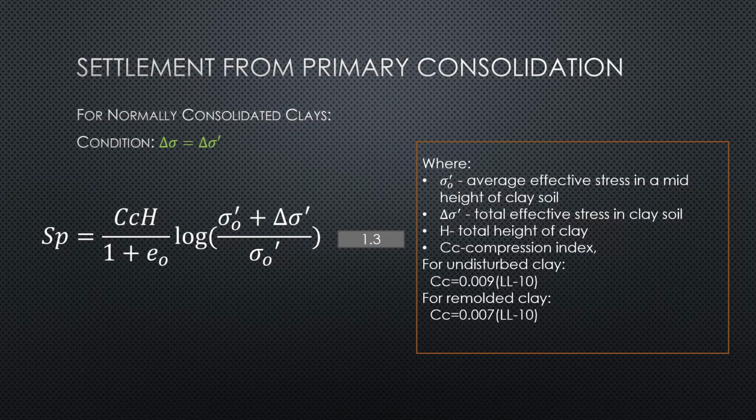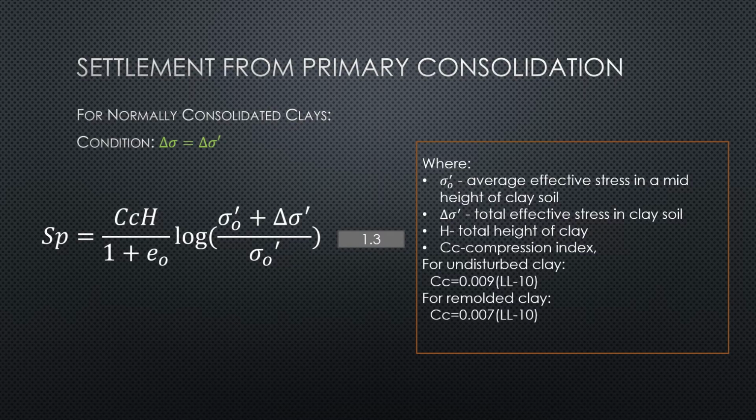Before we proceed to our formula, let's define first the symbols, or the variables, that we will be using. The sigma prime o is the average effective stress in the mid-height of the clay soil.